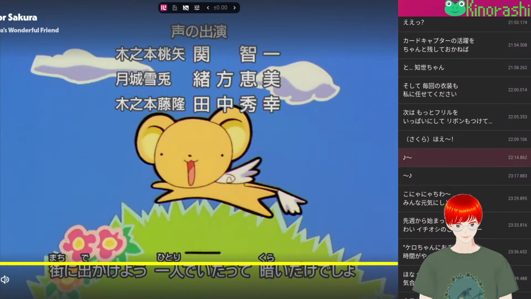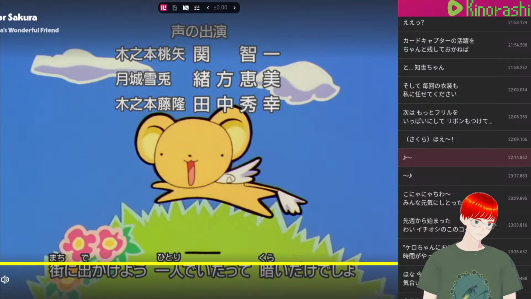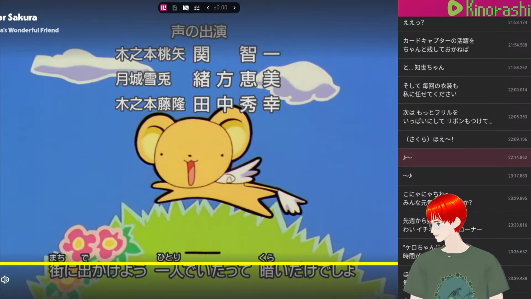Oh, that's right, de can be used for method. So hitori, one person, is the method, aka alone. We're using a mode of alone, so we're existing alone. Hitori de ita, and then that other tte thing can be used to imply a shorthand for saying or doing.